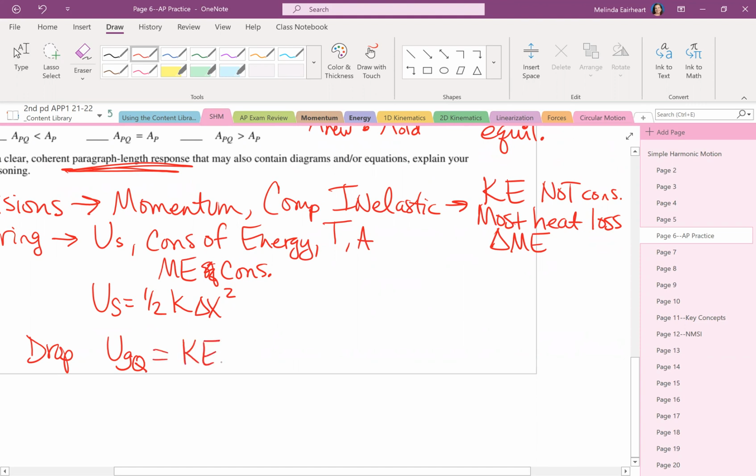Convert to kinetic of Q just before the collision, right? So it's going to have some kinetic energy, which, by the way, it's dropped vertically, but it's going to move horizontally. Does kinetic energy care? Does energy care about direction? No. So it does have kinetic energy before the collision.